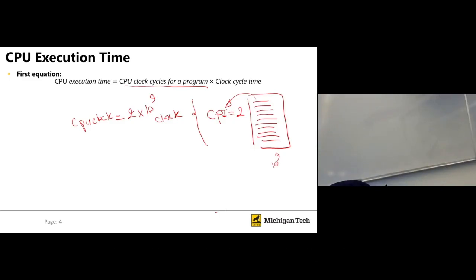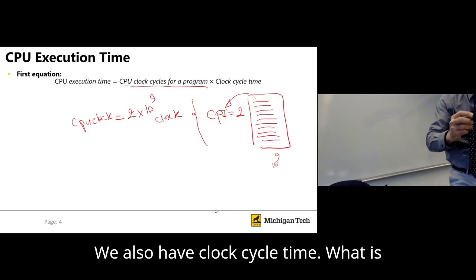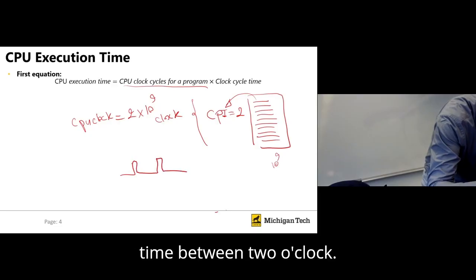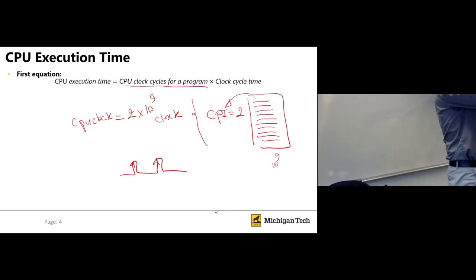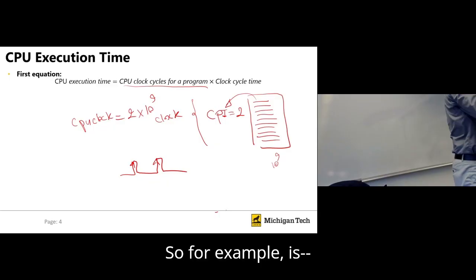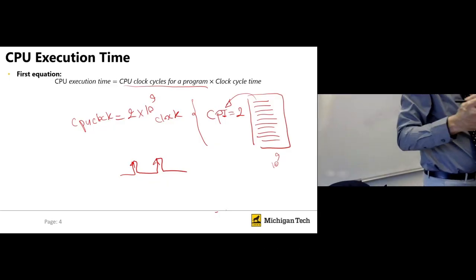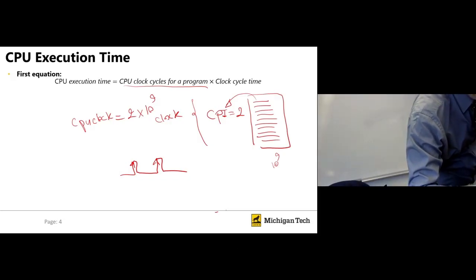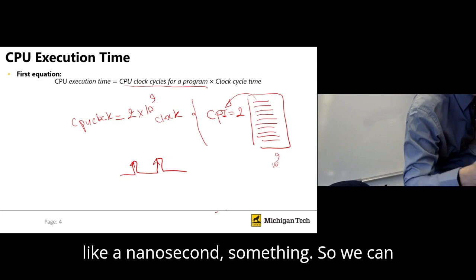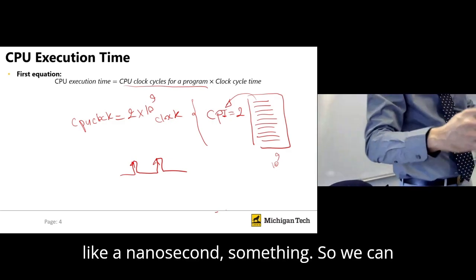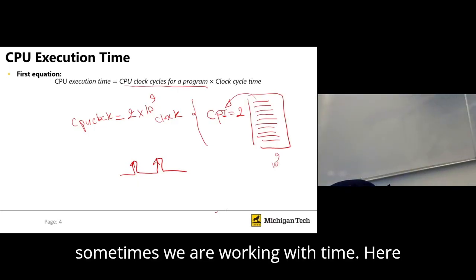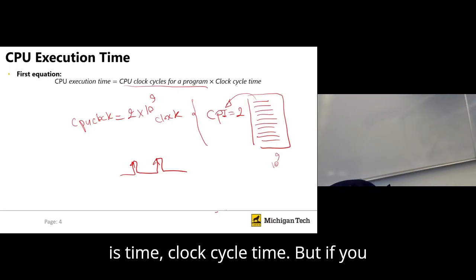Also, we need clock cycle time. What is clock cycle time? Clock cycle time is the time between two clocks. So for example, like a nanosecond or something. So sometimes we are working with time. Here is time, clock cycle time.